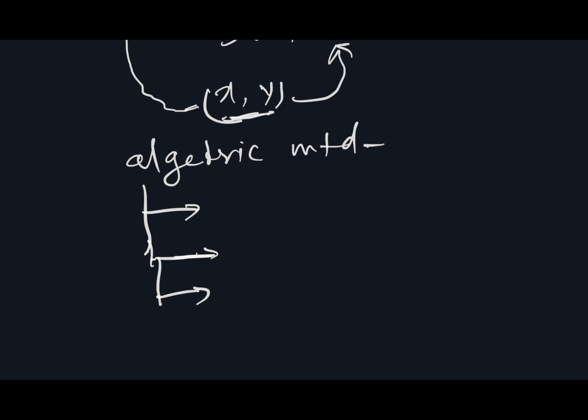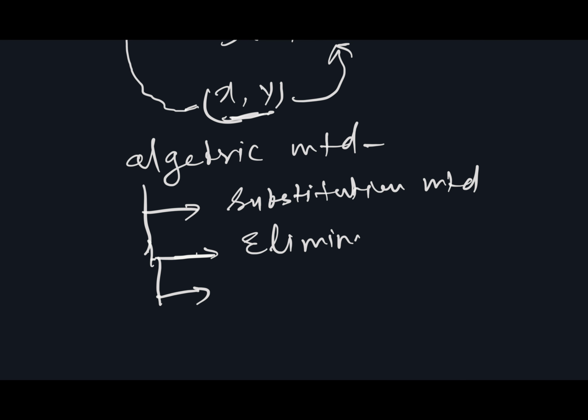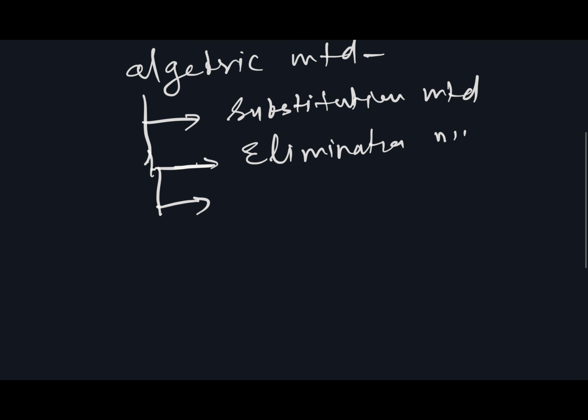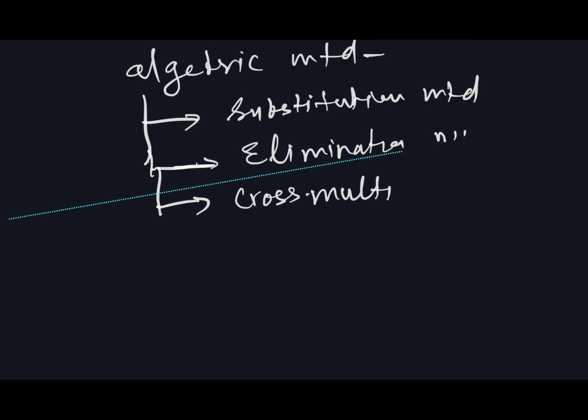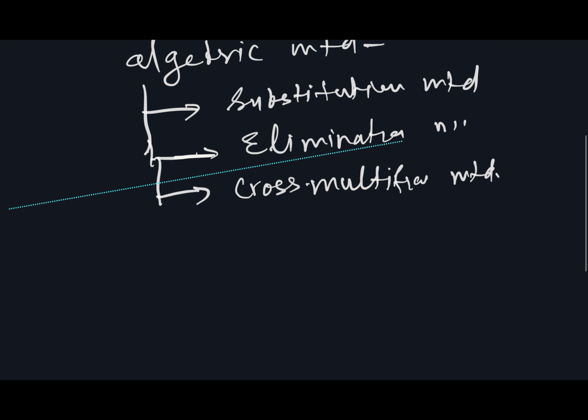First is the substitution method. Second is the elimination method. And third is the cross multiplication method. We will learn all these methods. For today's lecture, we will focus only on the first one, which is the substitution method.